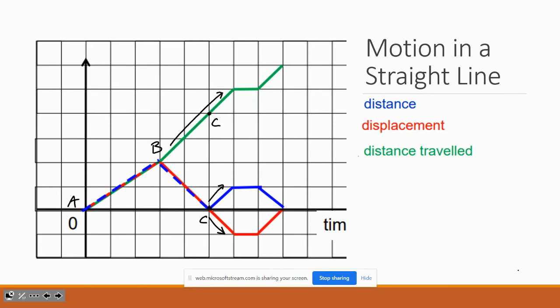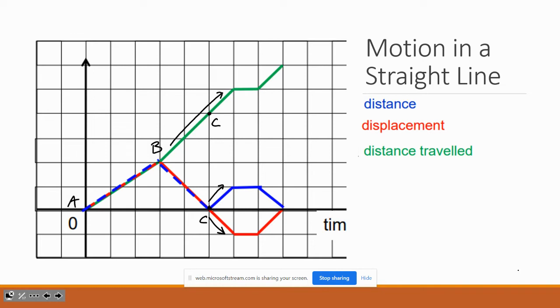I know that the gradients are negative for the distance and displacement between B and C, and positive for the distance traveled between B and C. But they're all to do with 1 and -1. And when you get to point C, displacement being negative, the distance then becoming positive, that positive gradient for the distance is still the same as the positive gradient for the distance traveled.